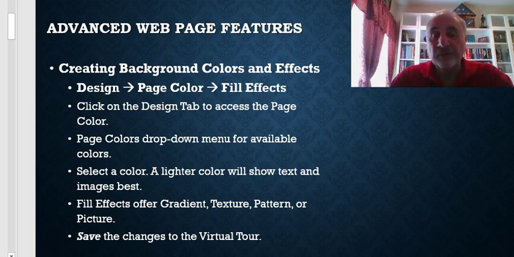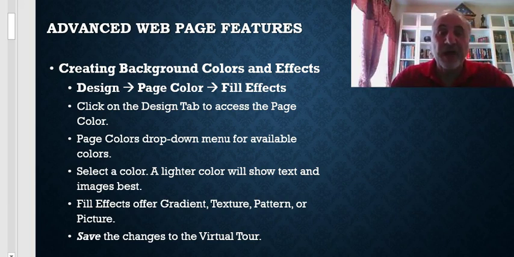Select a color, keeping in mind that it will serve as the background to text, and the text is usually black, along with images. So it's a good idea to select a lighter color that will show text and images the best, or a darker color and then make your text white.